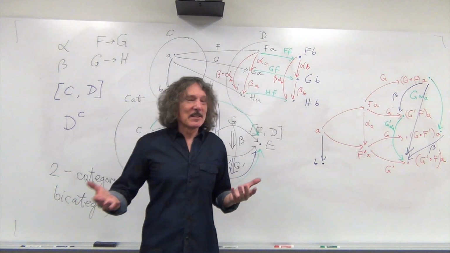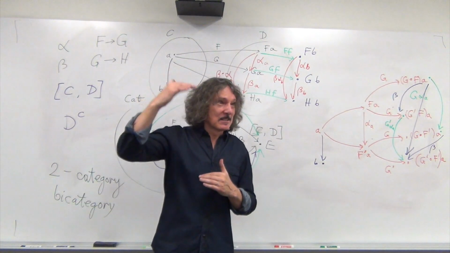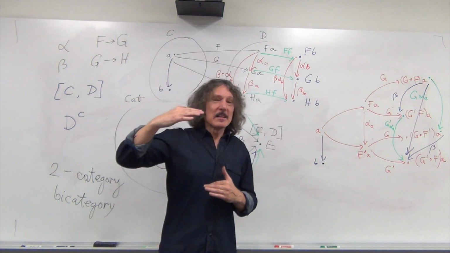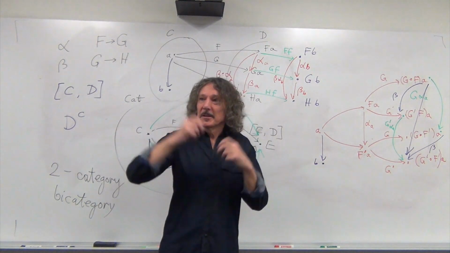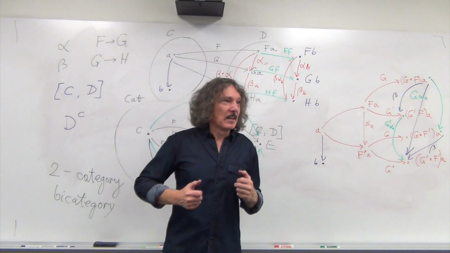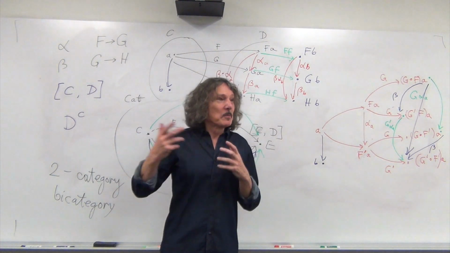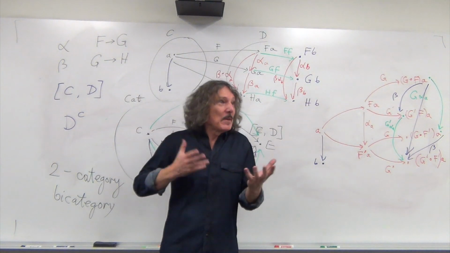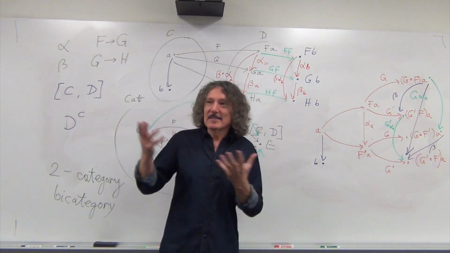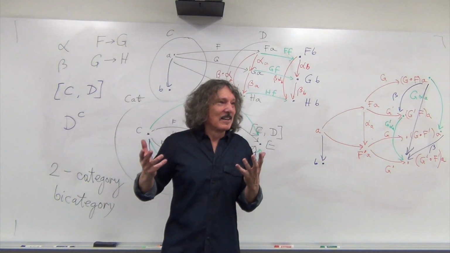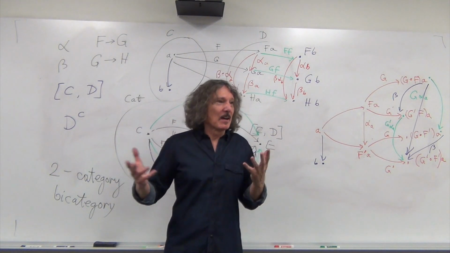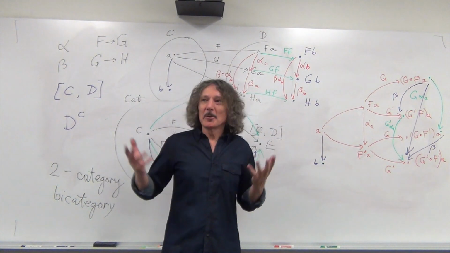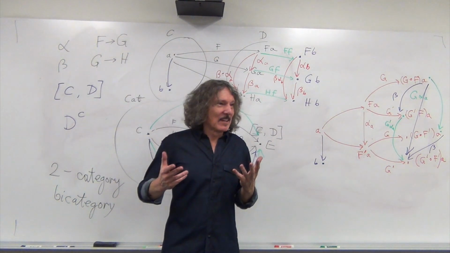Well, it turns out that if you go up this way, at every level, you get lots of coherence laws, okay? And moreover, you can pick different ones. So it's not unique. And this is really screwing up the higher order categories. Okay?